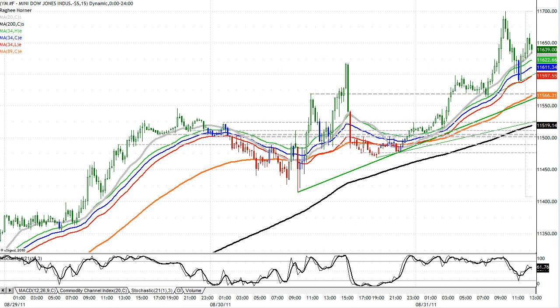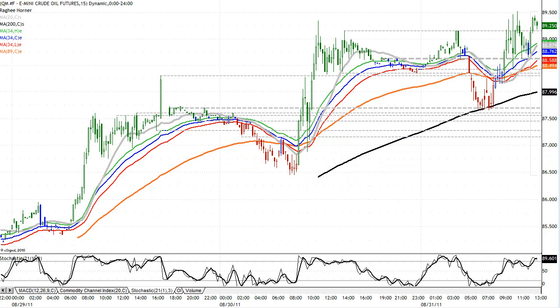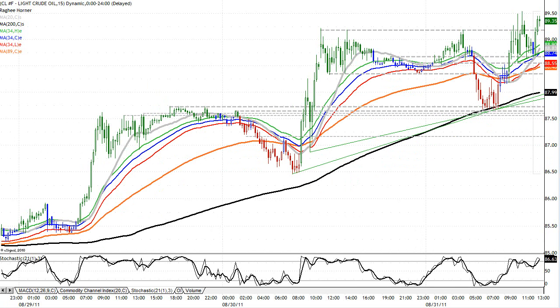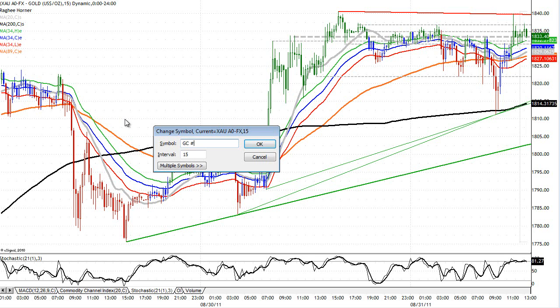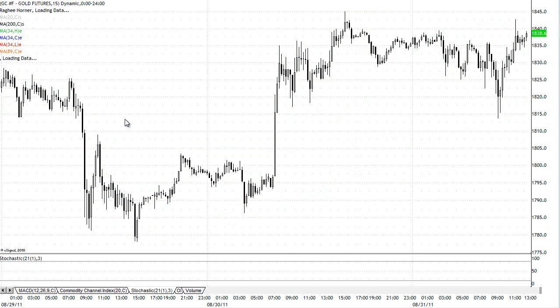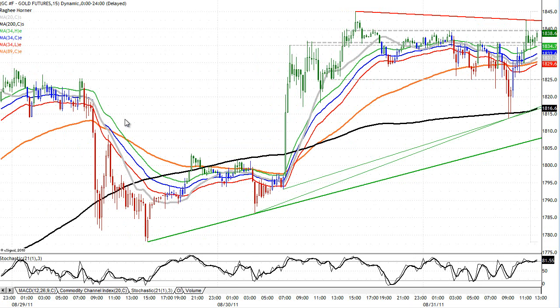You should be familiar with when I talk about crude, particularly mini crude or the full-size crude contract. I'll talk about gold, and you can do that through the XAU, or you can do that through the futures contract, the GC, the full-size gold contract, or even the mini gold, which would be the YG.